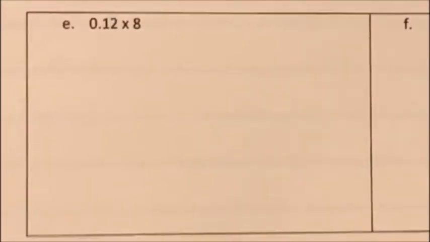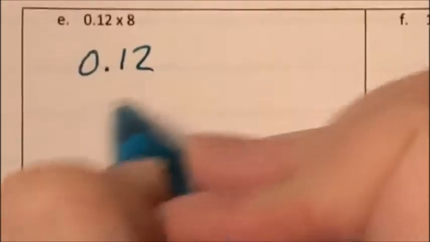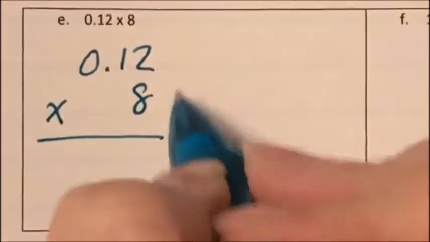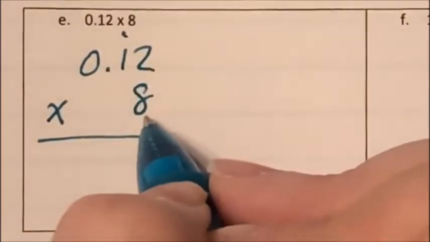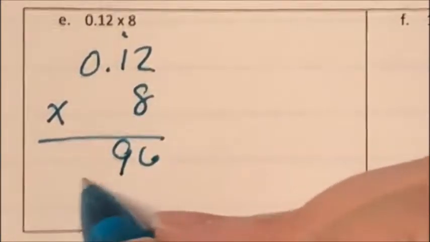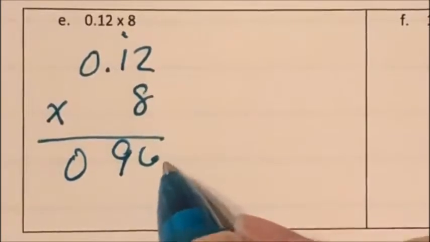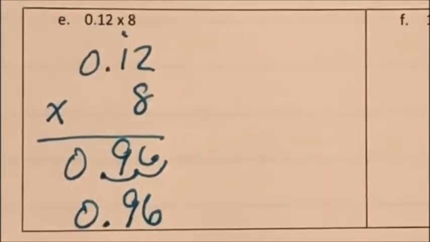Letter E is 0.12 times 8. So I multiply. 8 times 2 is 16. Carry the 1. 8 times 1 is 8, plus 1 is 9. And 8 times 0 is 0. 2 spots, so I get 0.96.